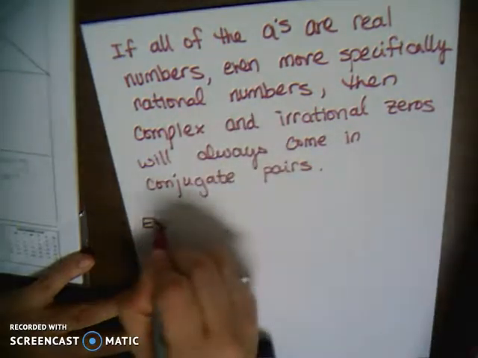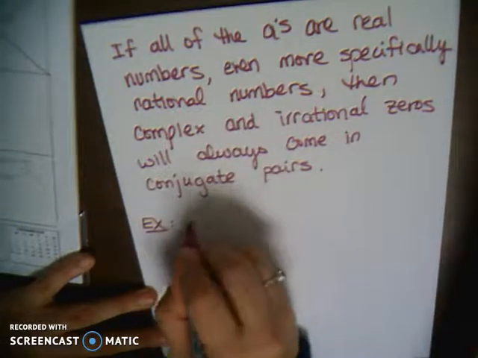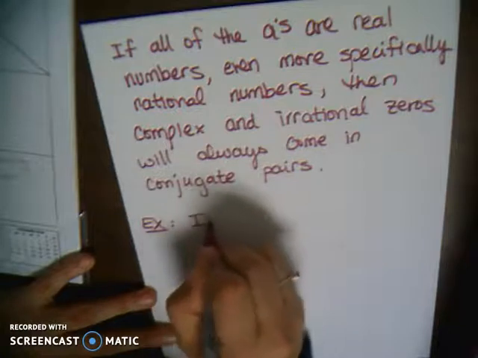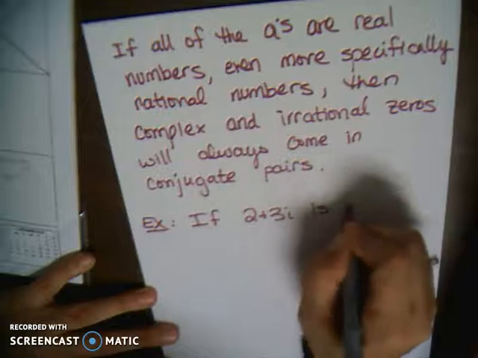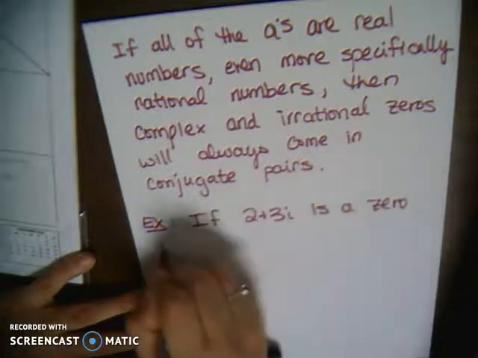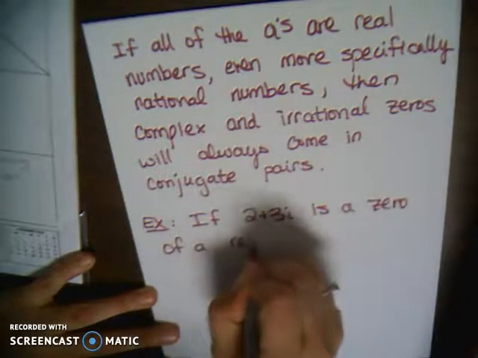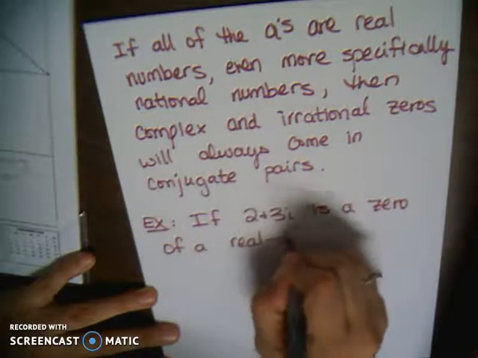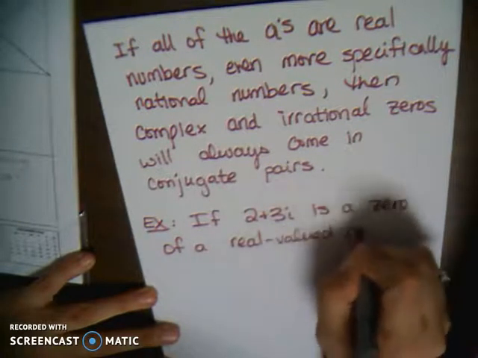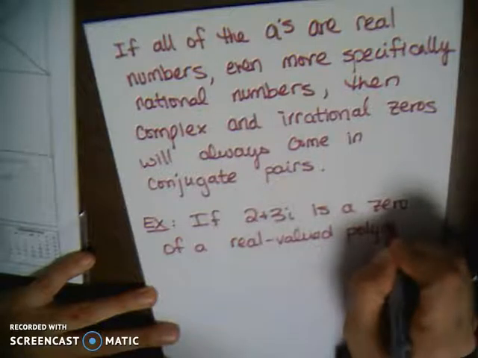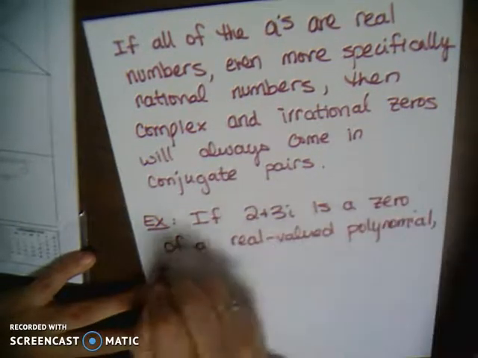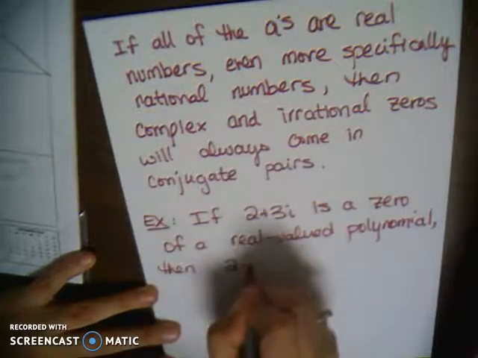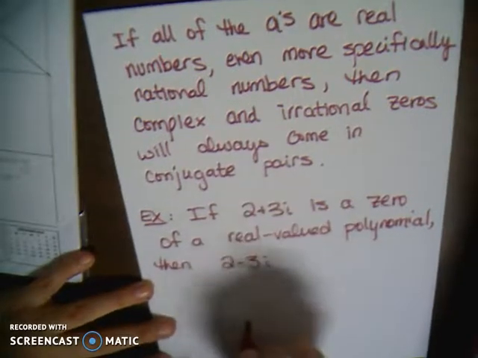So for example, if 2 plus 3i is a zero of a real valued polynomial, without anybody even telling us, we just have to know that automatically 2 minus 3i is also going to be a zero.